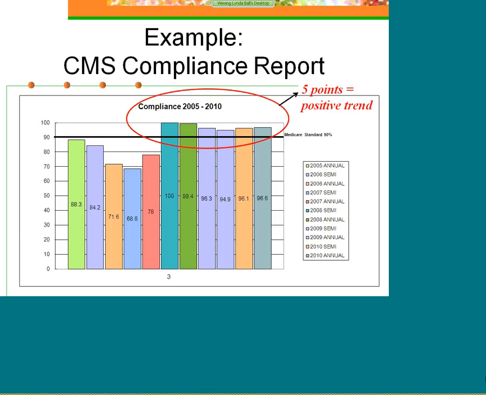And when they enacted that action plan, look what happened. We've got 6 points there; 5 points tell us it's a positive trend. We've got 6 consecutive reporting periods that they were well over the 90% standard. So this is an example of how implementing an action plan can have positive results.